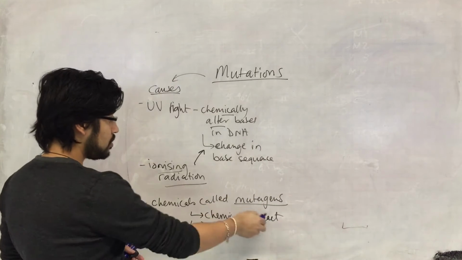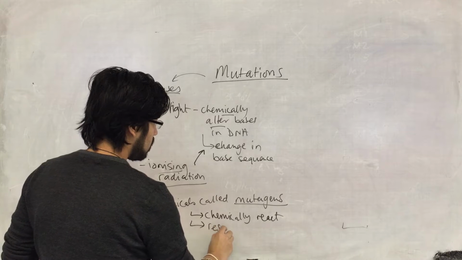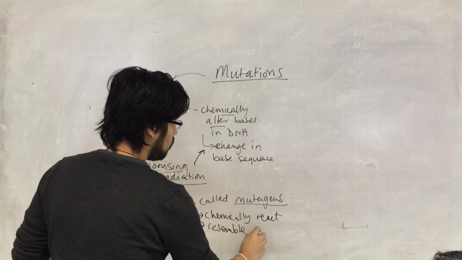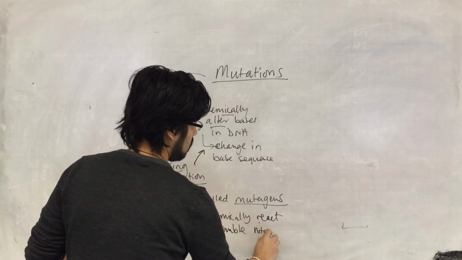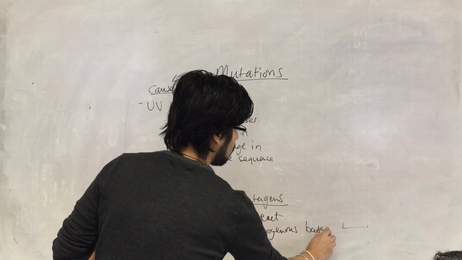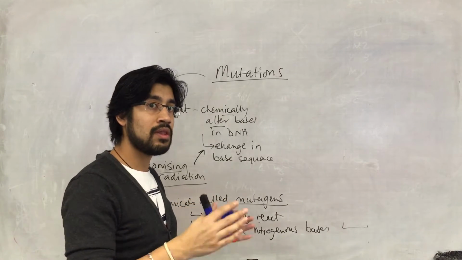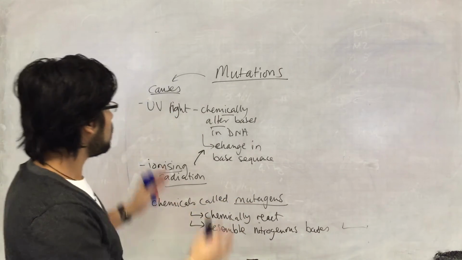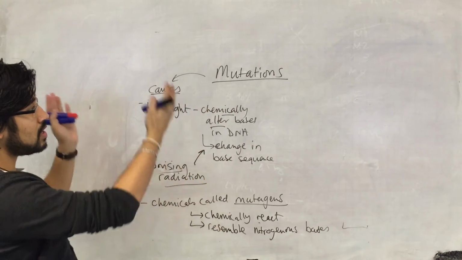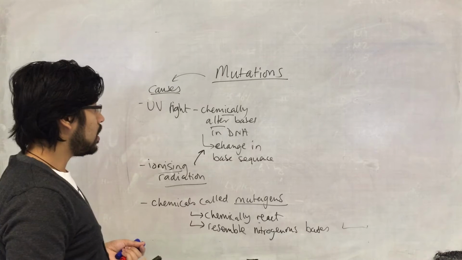So they can chemically react, or sometimes they can resemble nitrogenous bases and thus cause an error during replication if they're there or thereabouts. Okay? So these are the ways that bases in DNA can be changed.